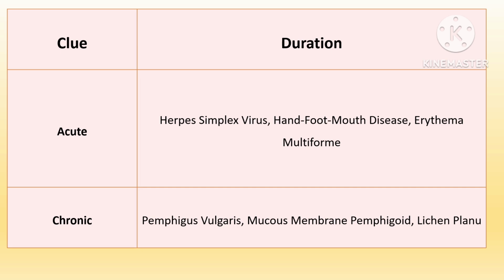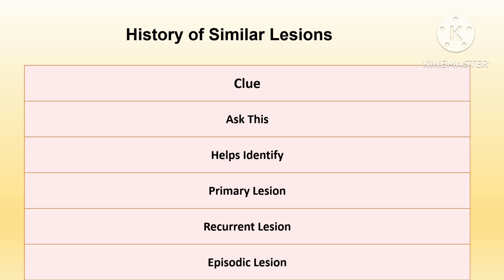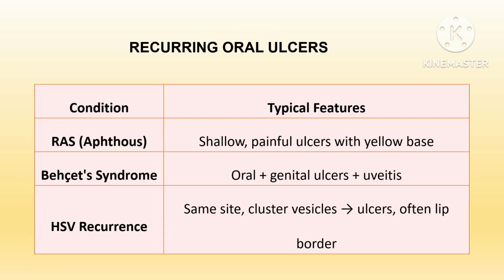Next, ask, have you had these lesions before? If this is the first time the patient is experiencing painful oral ulcers along with fever, consider primary herpetic gingivostomatitis. But if the patient says these ulcers keep coming back, think of recurrent conditions like recurrent Aphthous or recurrent herpes labialis.